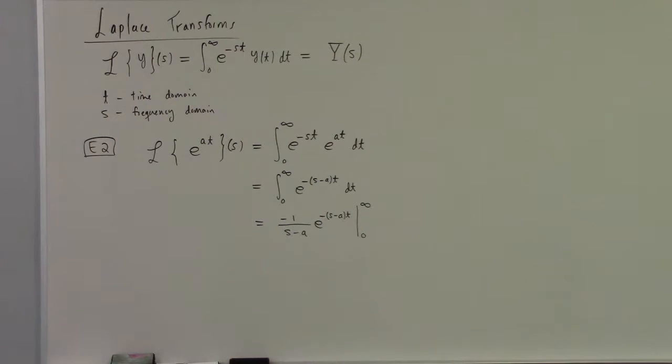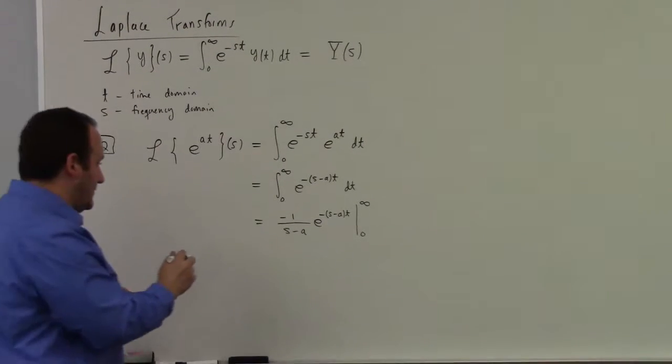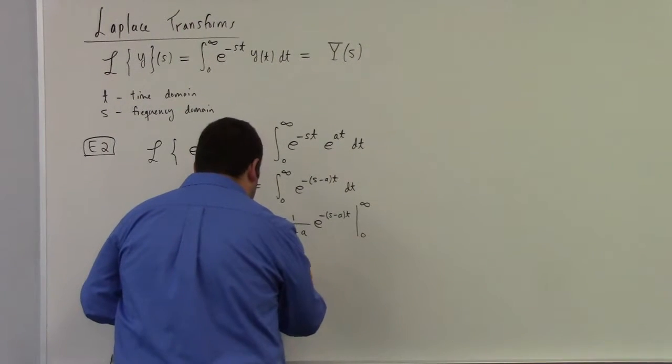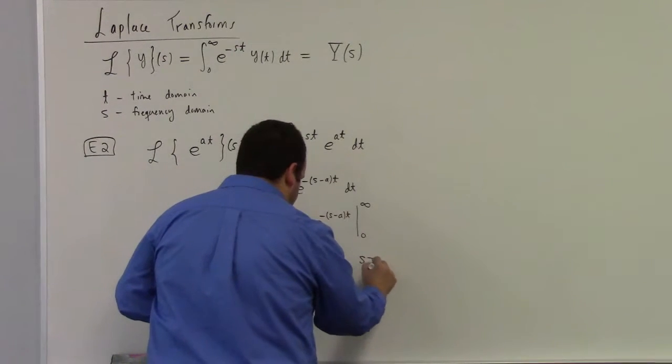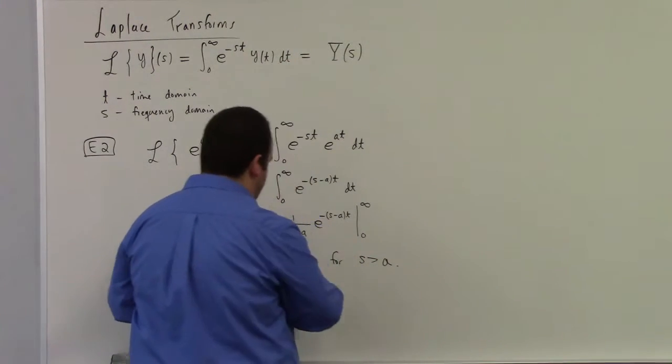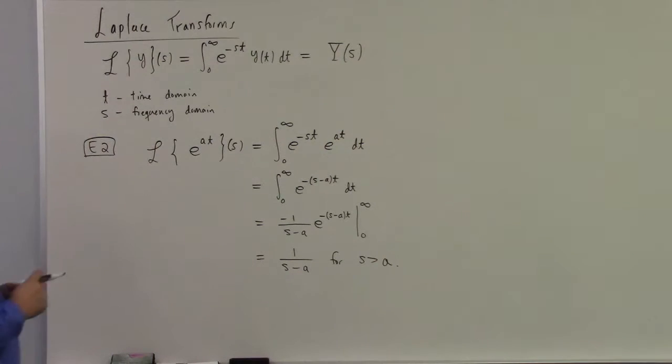So only in the context that s is greater than a does this integral converge, right? But for s greater than a, we're just going to get 1 over s minus a. That comes from plugging in 0, you get minus the minus because of FTC part 2. So there you have it. The Laplace transform of an exponential is 1 over s minus a.